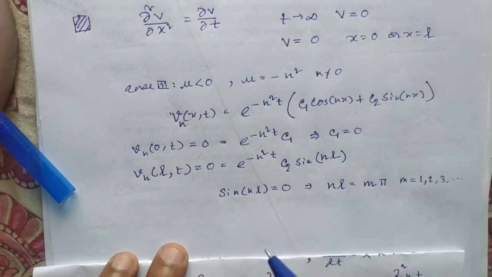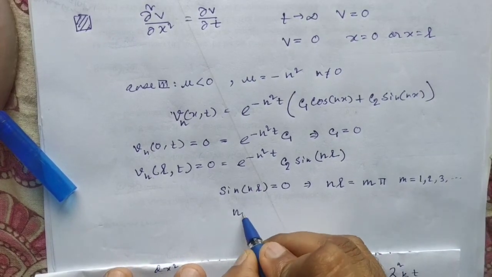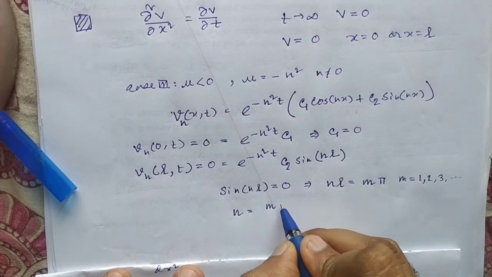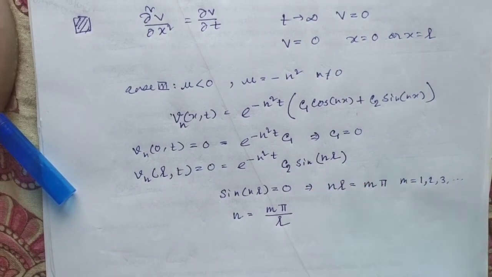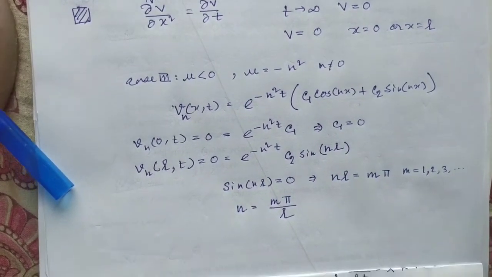So here, small n will be capital M pi by L, right? Now you can write your solution.